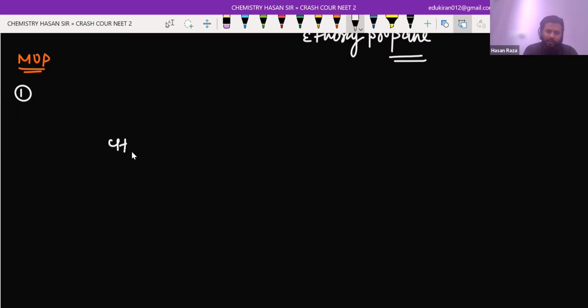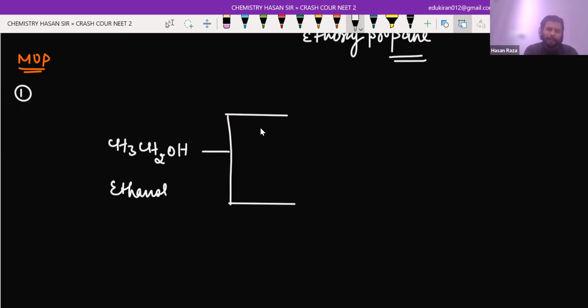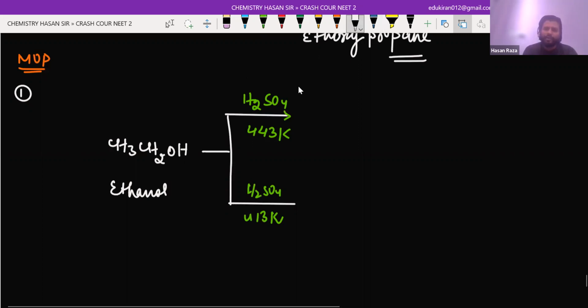If you have this CH3CH2OH, this is your ethanol, and if you are going to use H2SO4 at 443 Kelvin, then elimination of water, dehydration, will take place, and CH2=CH2 will be formed.